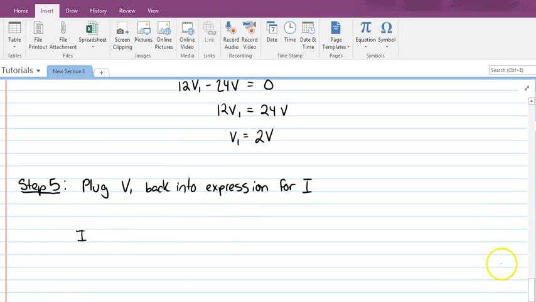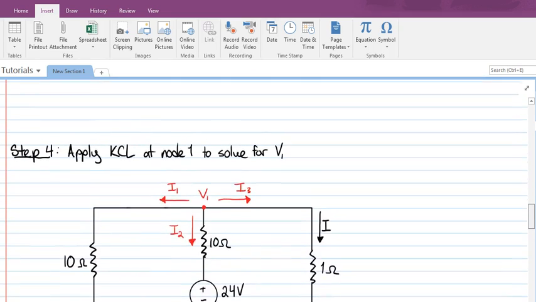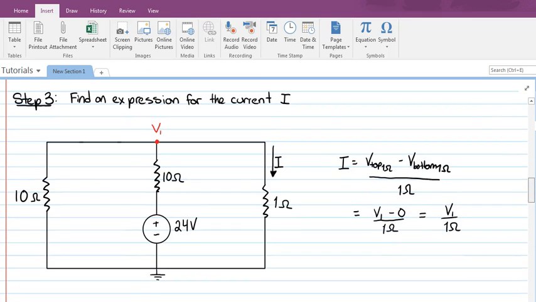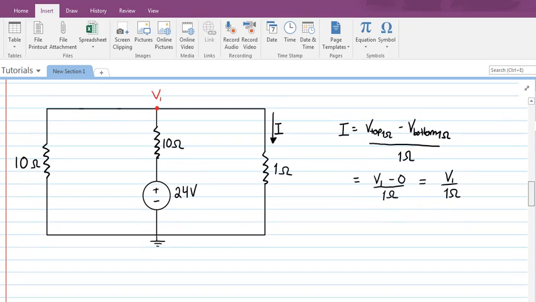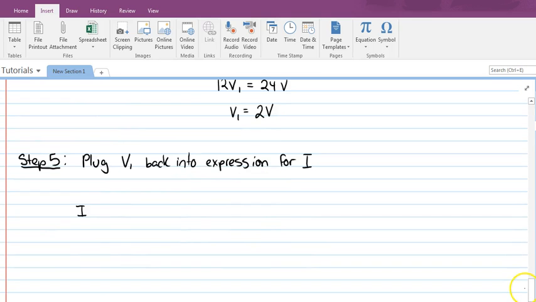Let's go back and see. Step 3 of the problem was finding an expression for I, and we found that I is equal to V1 over 1 ohm, and now we know that V1 is equal to 2 volts. So 2 volts over 1 ohm is equal to 2 amps.